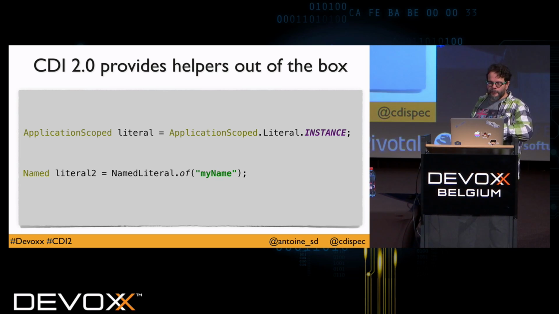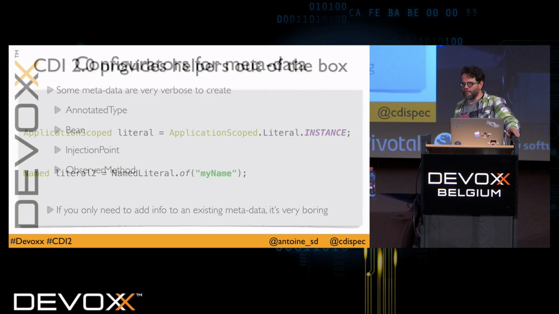You have a static field in the annotation, allowing you to get an instance. But if you have members, it will change a lot, as you see. Having an instance of Named will be done with that: NamedLiteral.of, and I give the name here. So it will mean less code in your application.